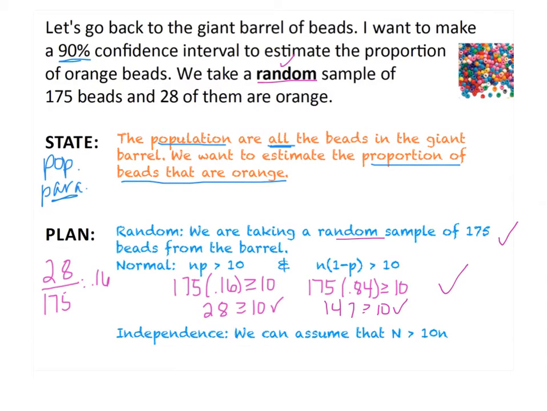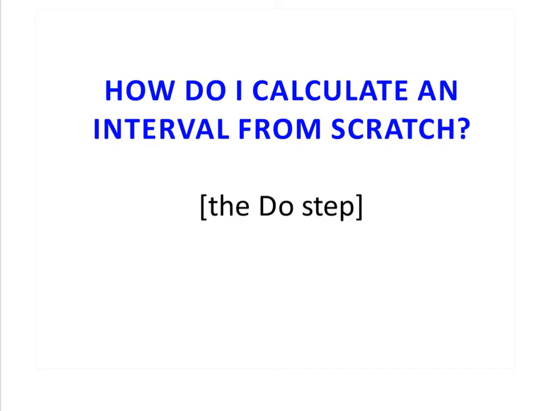Independence, it talks about a giant barrel, so I can assume that there's more than 10 times 175, or I can assume that there's more than 1,750 beads in the barrel. So we've done two of my steps, the state and the plan. The next step is the do step, which is where I actually make the interval.